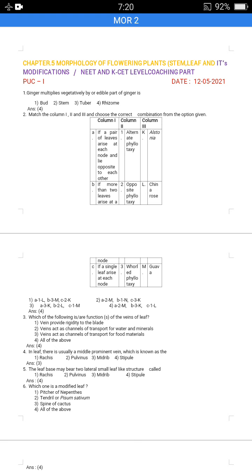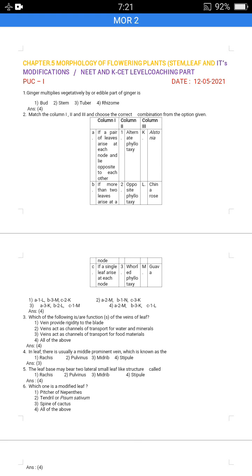Now I am going to the third question. Which of the following is a function of the veins of the leaf? Now let us see the functions of the vein. Four options are given. In these four options we need to find the correct option. Option 1, veins provide rigidity to the blade.